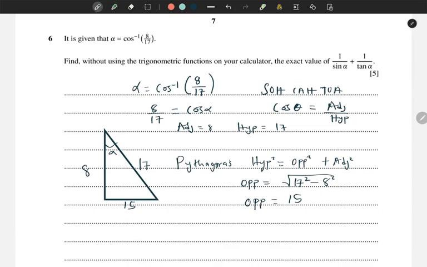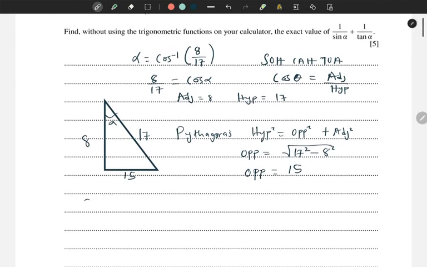So to find 1 over sine alpha, remember sine is given from SOH CAH TOA as opposite over hypotenuse. Then tan is given to be what?